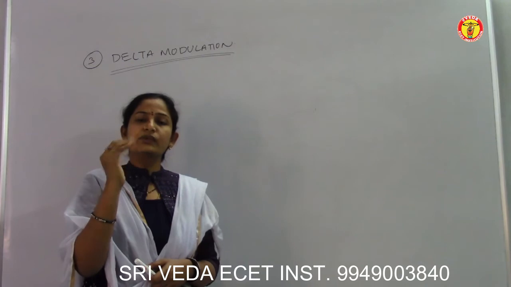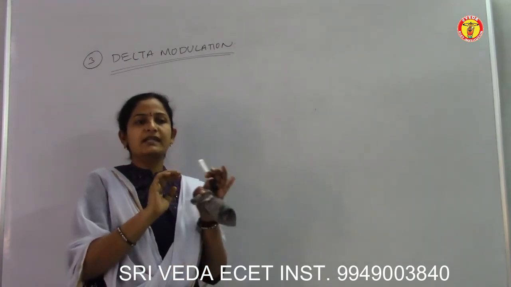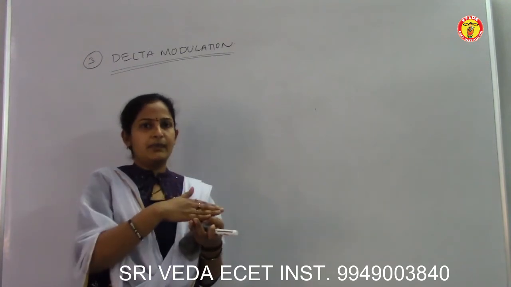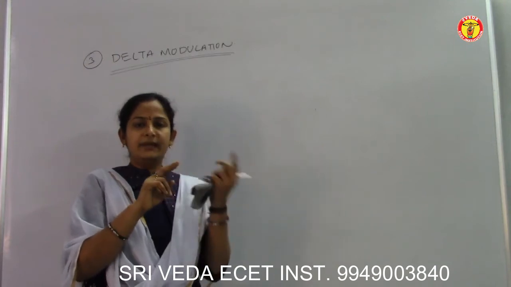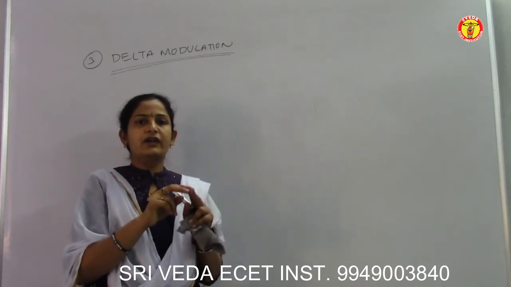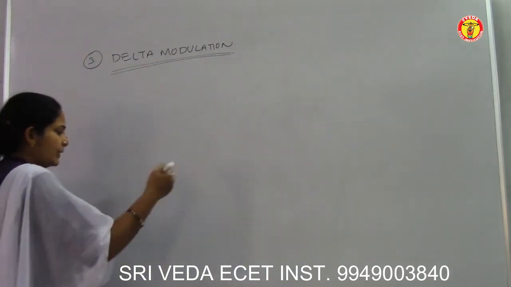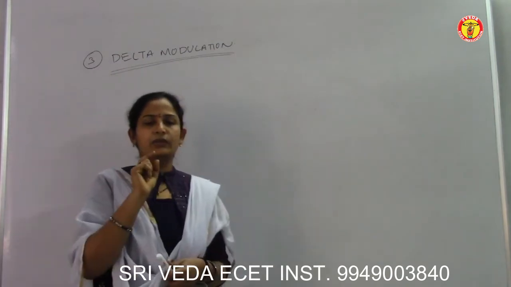How does it use only one bit? It will not take the difference between the present sample and the past sample value. It will just compare both, and if my present amplitude is greater than the past one, then the 1-bit quantizer will send binary bit 1.